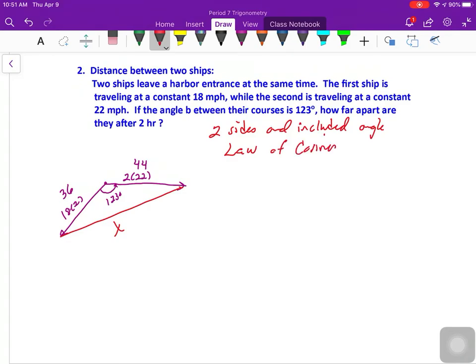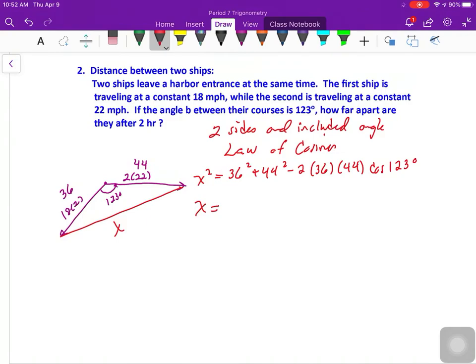Okay, looks like again we have two sides and an included angle. So once again we have law of cosines. And if I set it up, I will have x squared equals 36 squared plus 44 squared minus 2 times 36 times 44 times the cosine of 123 degrees.